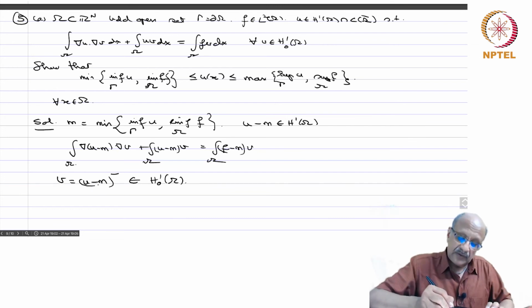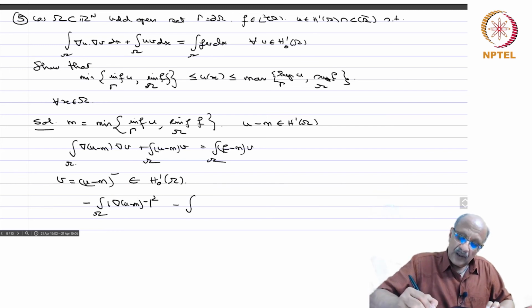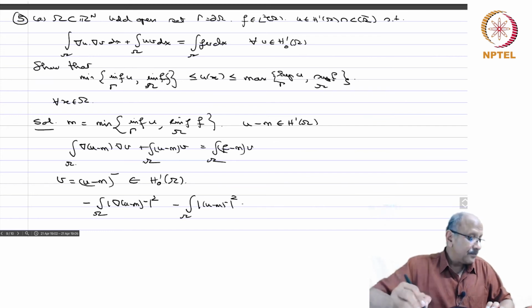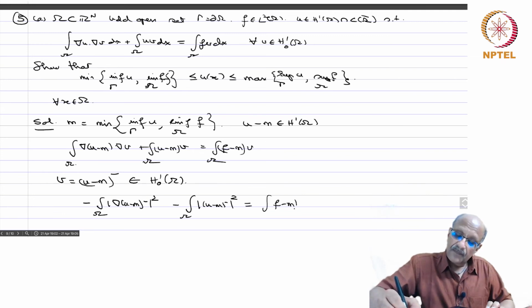So, u minus m will be greater or equal to 0 on omega. So, minus will be there and therefore, you will get this minus integral, we have seen this before, grad of u minus m minus, whole square on omega, minus integral mod of u minus m minus, whole square on omega, equals integral f minus m times u minus m minus on omega.